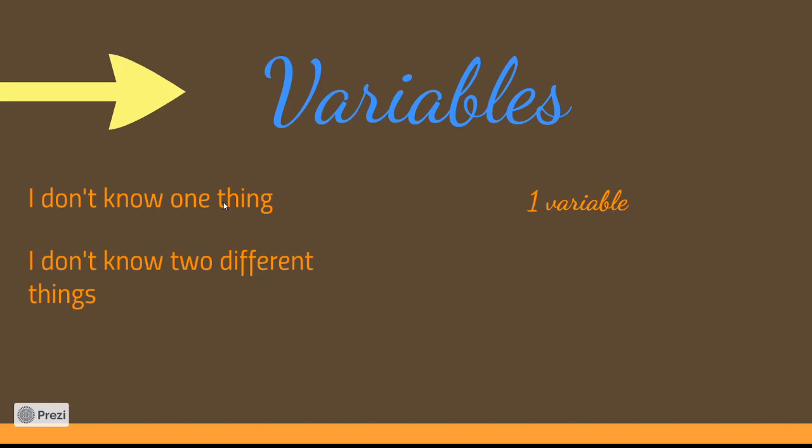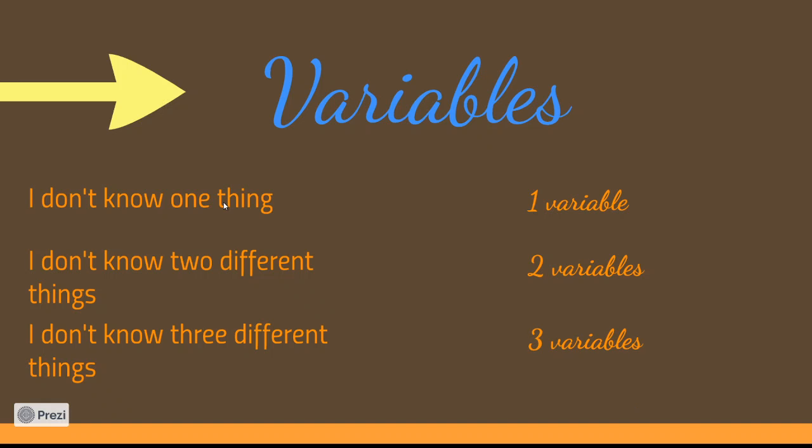I don't know two different things, two variables. I don't know three different things, three variables. Note that I use the word different. If you do not know two of the same things, it is basically the same thing. So this is one way of understanding what variables are.